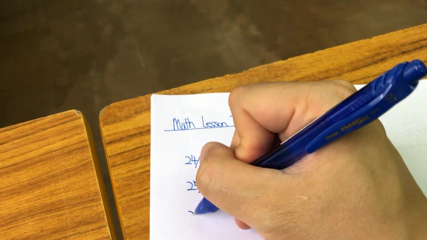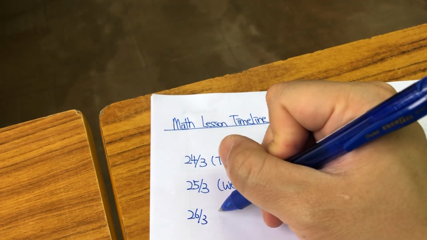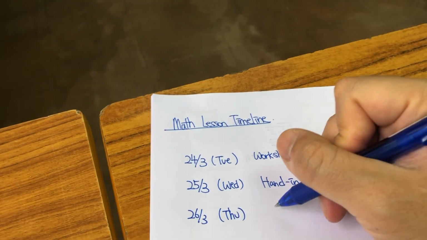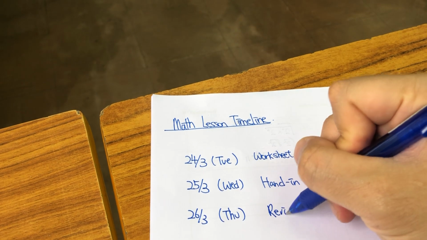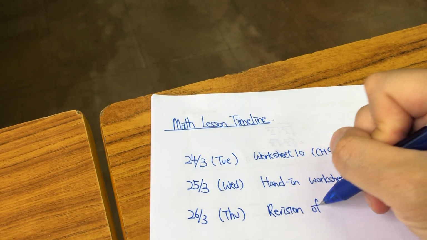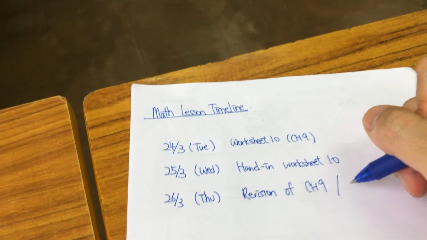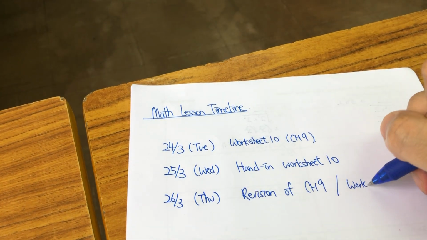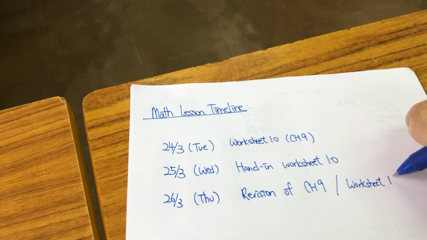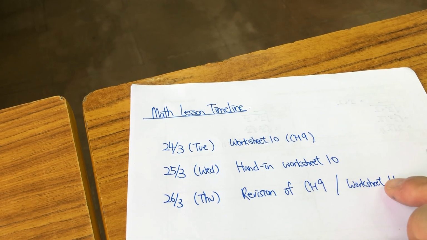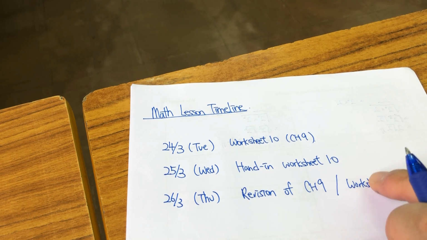And then on Thursday, we'll be doing the revision of chapter 9. I will also give you an exercise, worksheet 11, to do an overall revision of the whole chapter. You will know what will appear in the quiz, because we are going to have the quiz on Saturday.